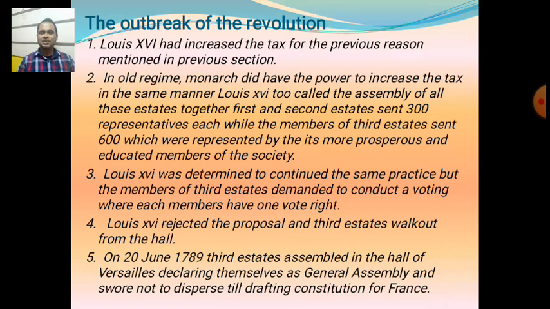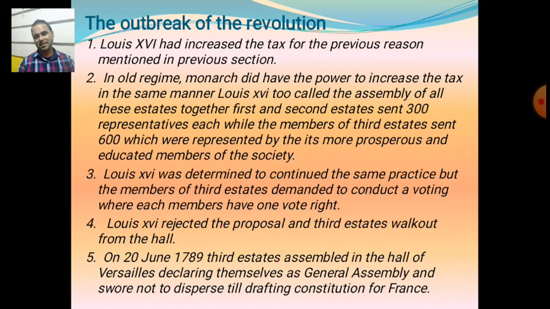Now Louis XVI was determined to continue the same practice the old regime had carried forward, but at this time the third state demanded a vote where each member had one vote.